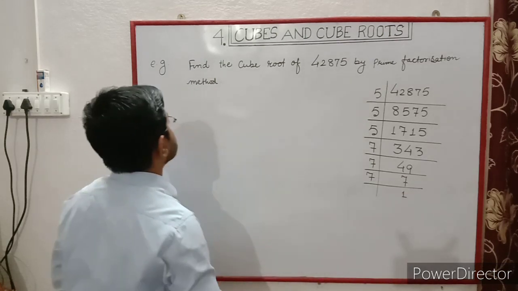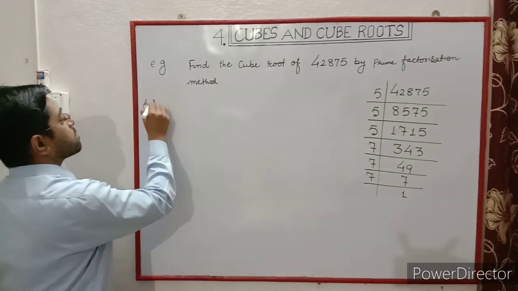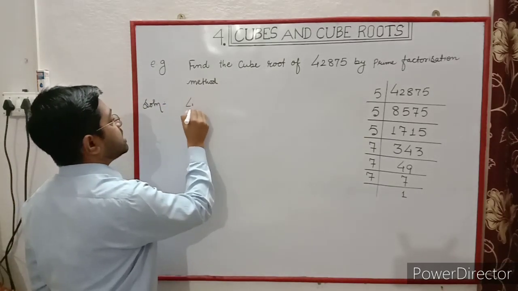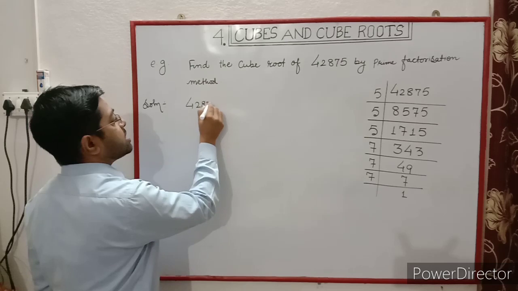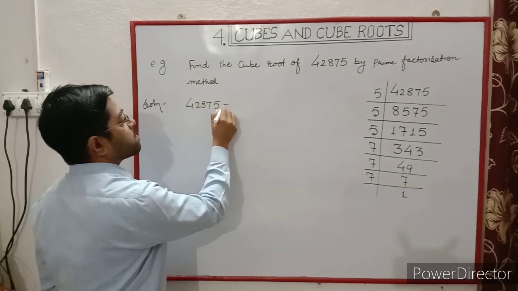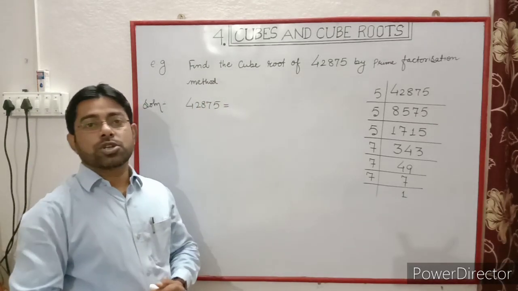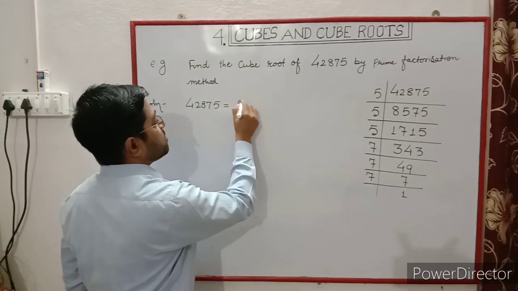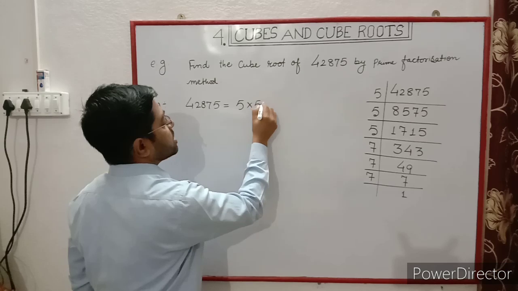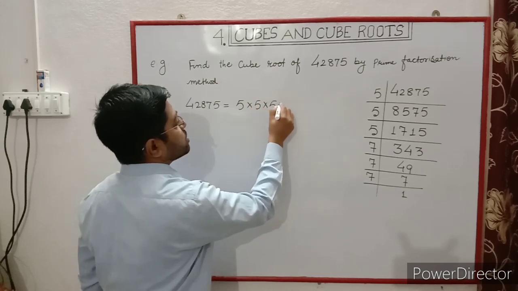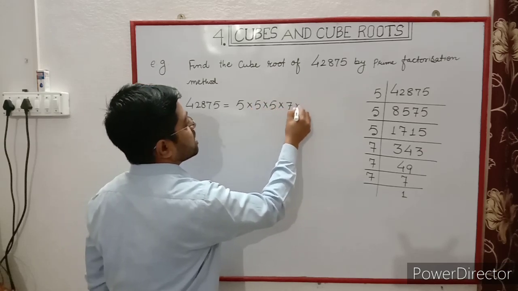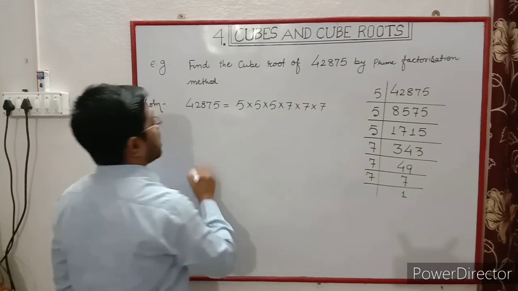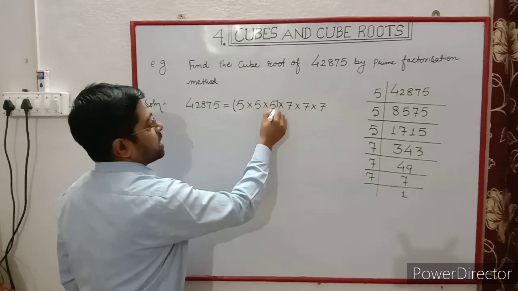Now 42,875 expressed as the product of prime factors. So we can write 5 multiplied by 5 multiplied by 5 multiplied by 7 multiplied by 7 multiplied by 7. Now grouping.